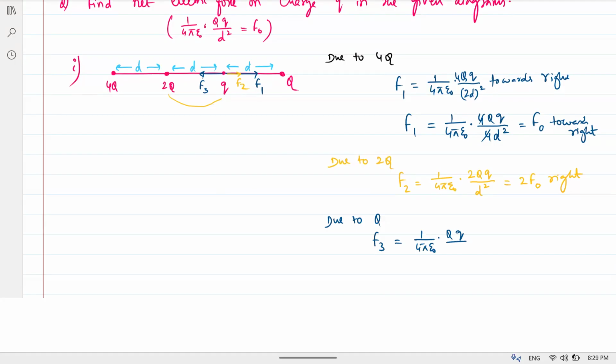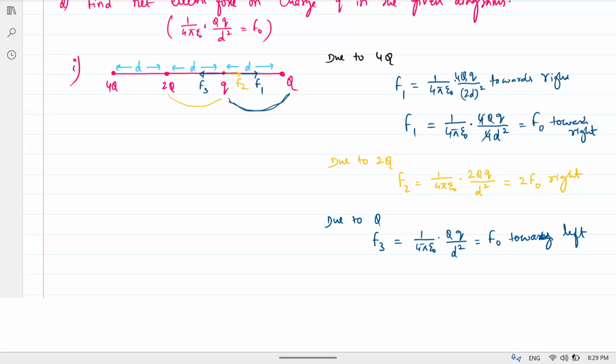The distance between them is d only, so this value will become F naught, towards left.